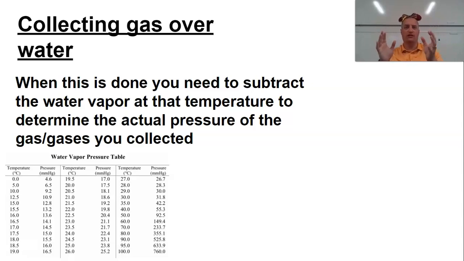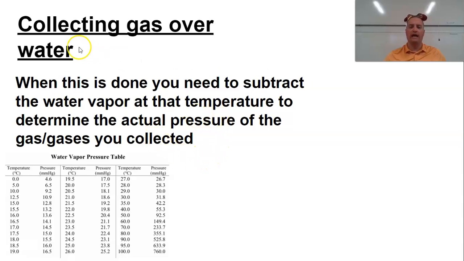Water exists in all phases, I should say, naturally on Earth. However, from 0 to 100 degrees Celsius, there's also water vapor. We know this from humidity in the air. It doesn't have to be 100 Celsius to have water vapor. You see clouds up in the sky, and that's not 100 degrees Celsius up there.